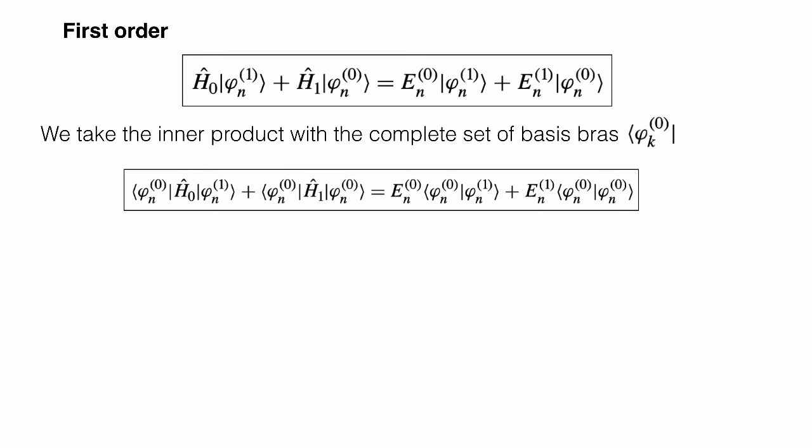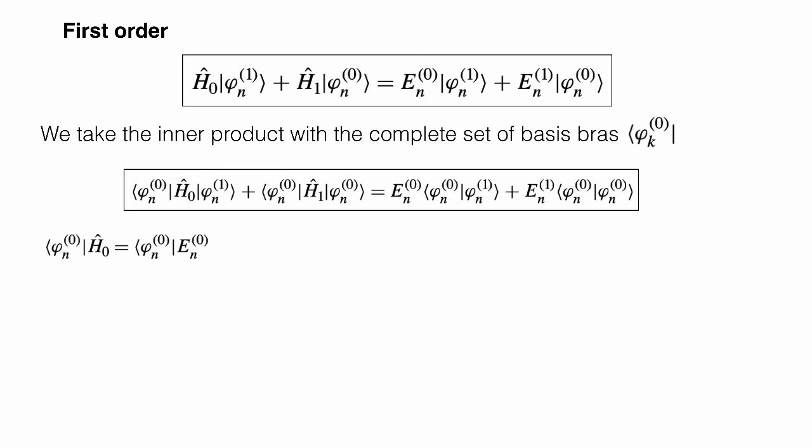I've not done anything yet. The only thing I've done on this equation is to move the scalars en0 and en1 outside of the bracket, which I can since these are just numbers. Okay, so remember that since H0 is a Hamiltonian, it's Hermitian, so it can be applied both on the left and on the right hand side, so either on a bra or a ket.